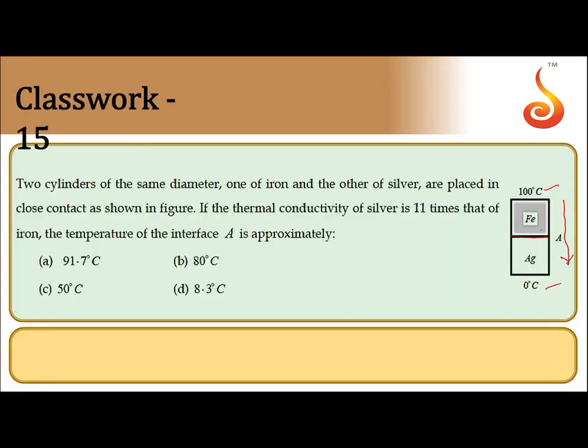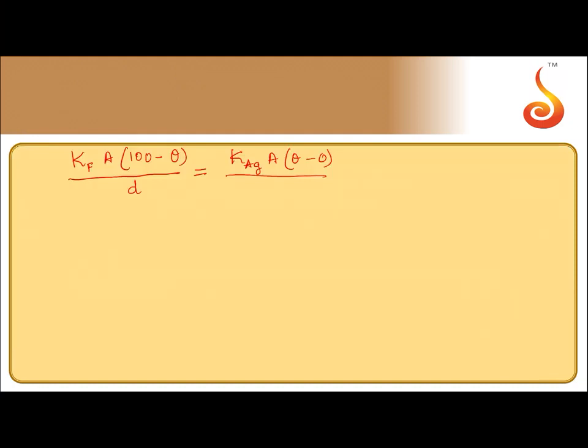Here it is 100, here it is 0, and this let it be theta. So 100 minus theta for iron, theta minus 0 for silver. Notice one thing, heat current flows in this direction. Given that the thermal conductivity of silver is 11 times that of iron, D is the same for both, D gets cancelled, A gets cancelled.